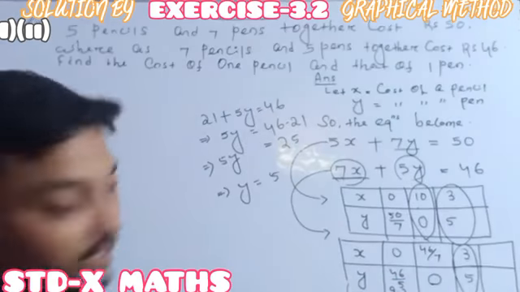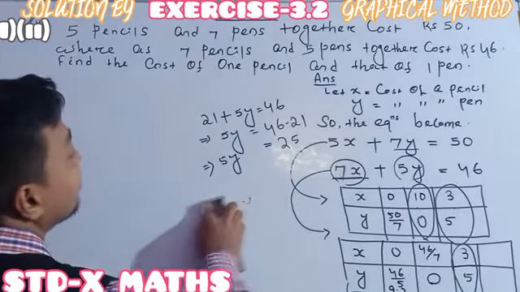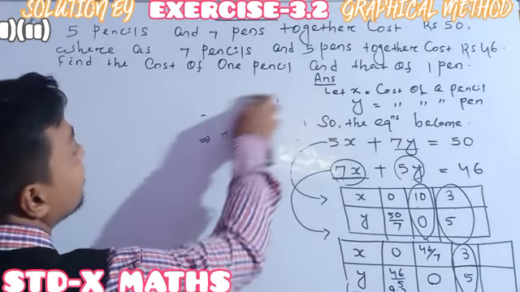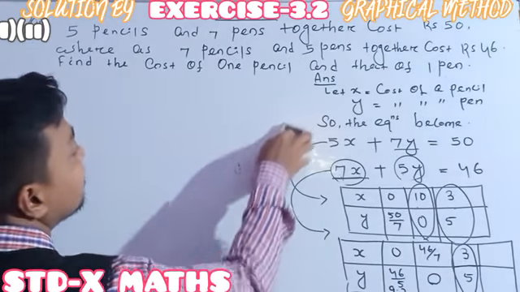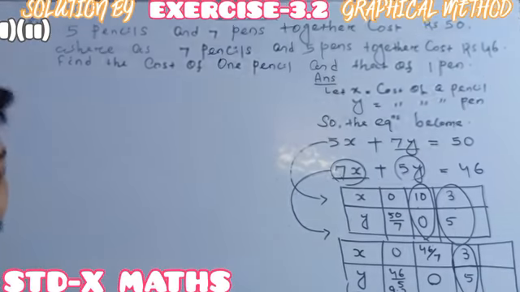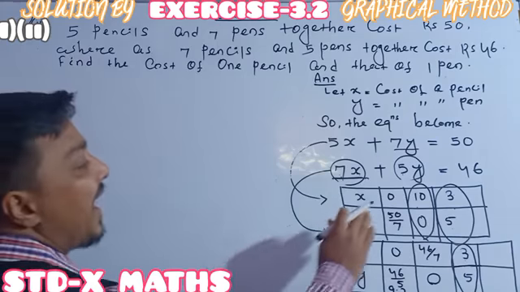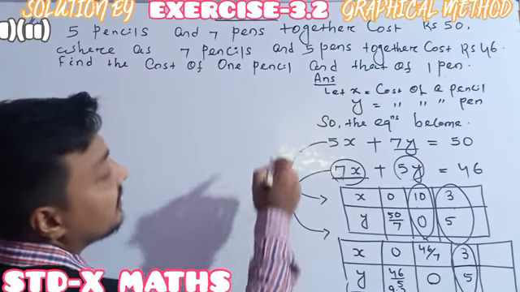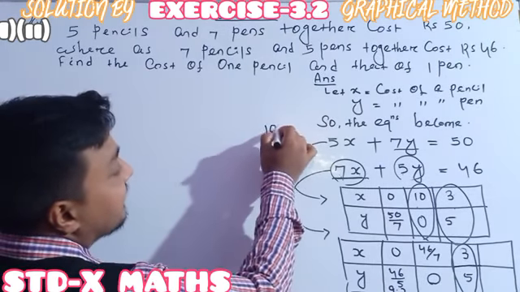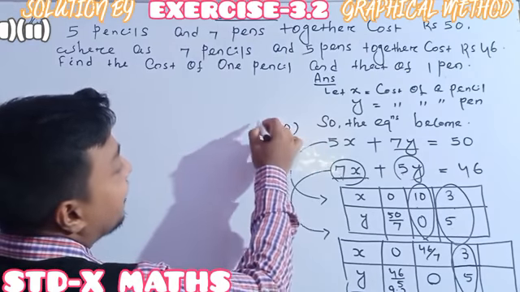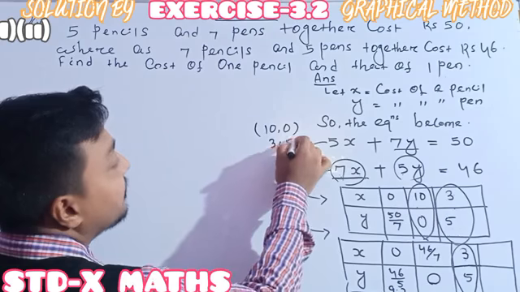For the graphical representation of the first linear equation, 2 points are required. One is (10, 0), another one is (3, 5).